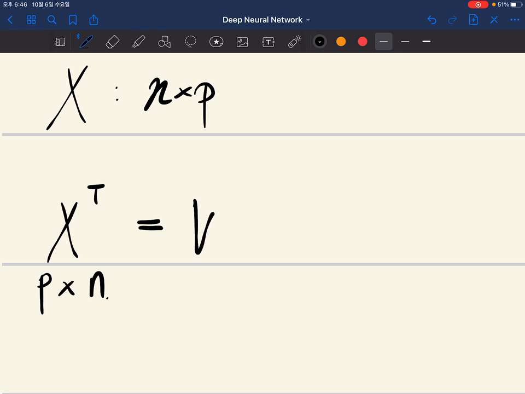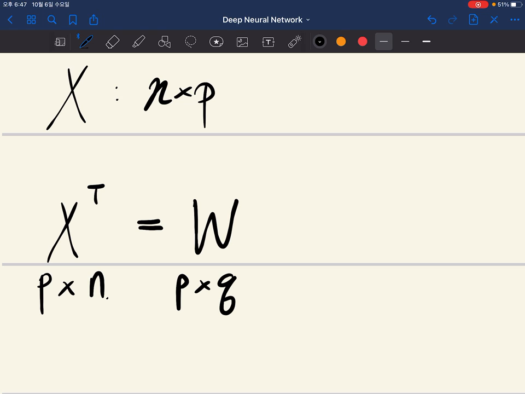So there exists a weight matrix W, which is of order p by q. Let's say there are q factors. So it is a transformation from the R^q space to R^p space.